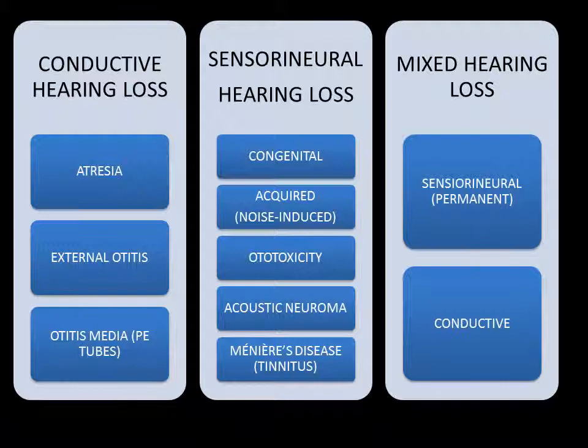Something called acoustic neuroma is a type of tumor that grows near the acoustic nerve and can affect a person's hearing. Ototoxicity is the damage to the inner ear that occurs as a result of medications that can cause hearing loss. You may have heard of this.